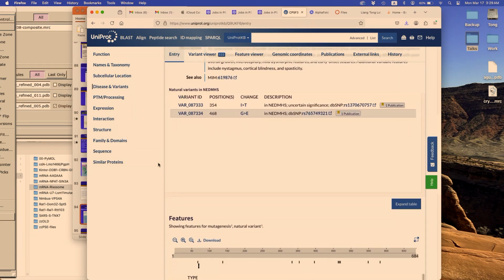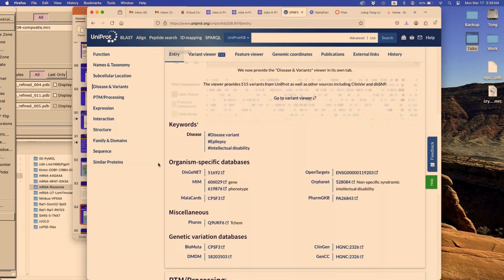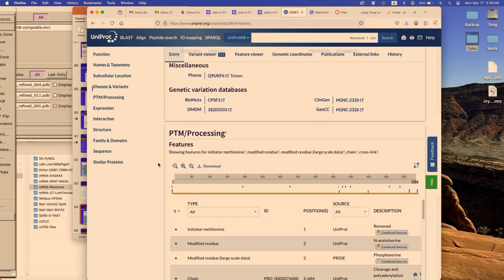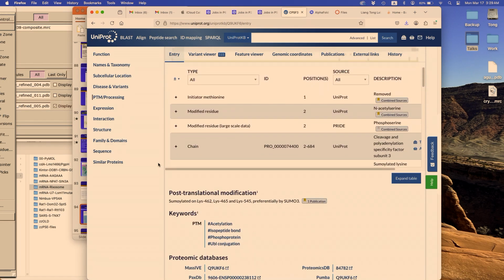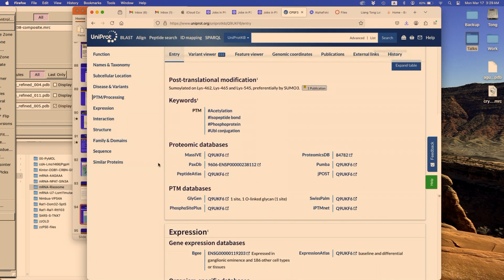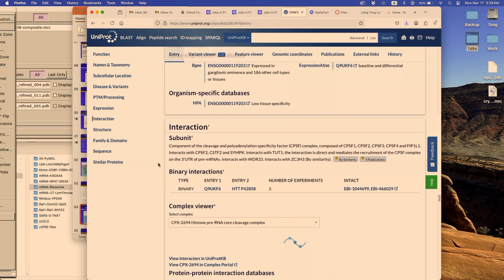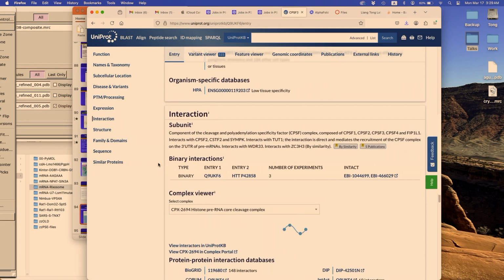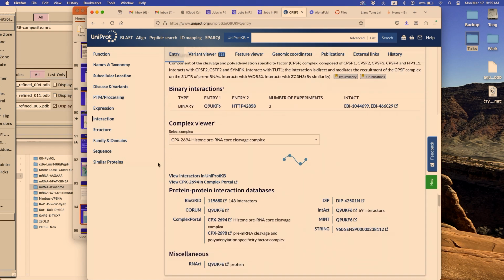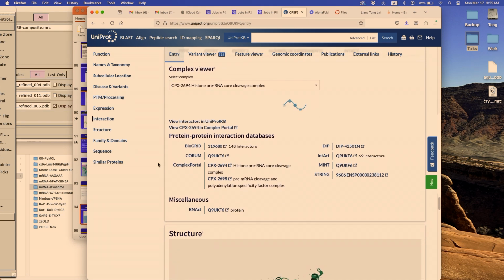Disease variants, and PTM, post-translational modifications, and then interaction. So what does the protein interact with? What are the binding partners? And then the databases.